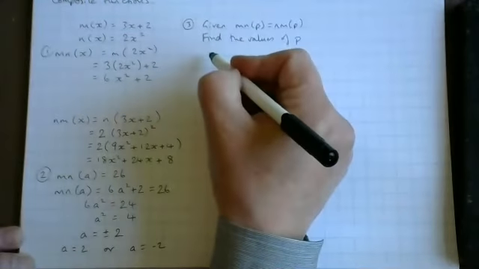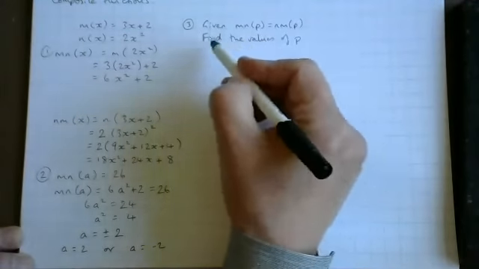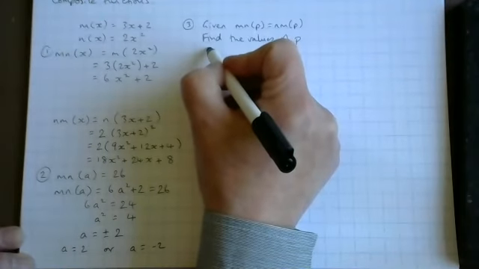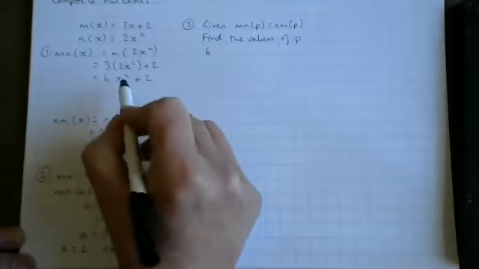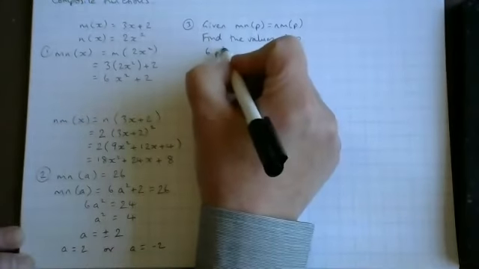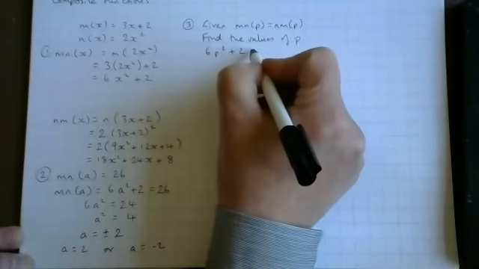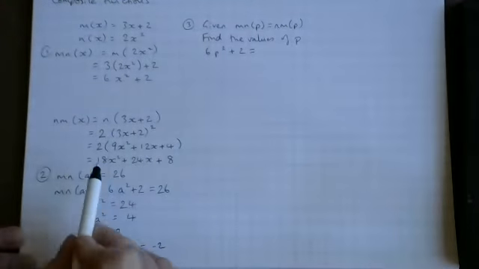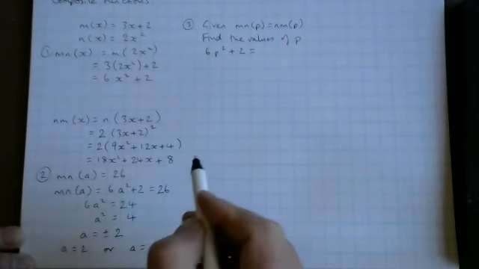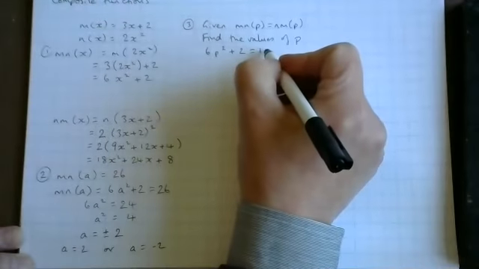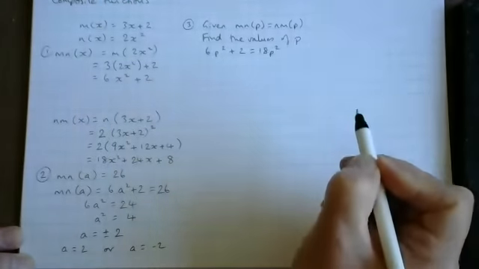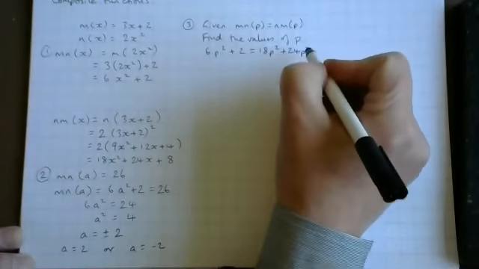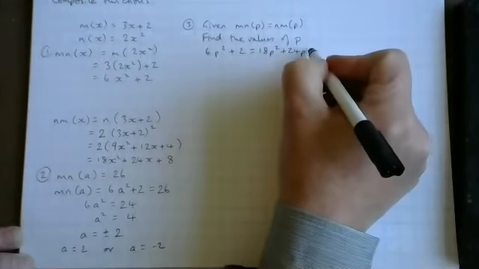Remember, there are lots of marks we had along the way in the exam, and this is a question that's going to be very near the end of the paper. 6p squared plus 2 equals nm of p. Well, nm is this function down here, so it's 18p squared plus 24p plus 8.